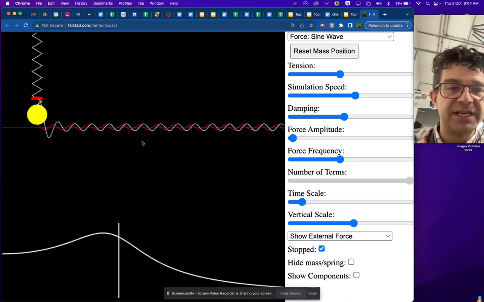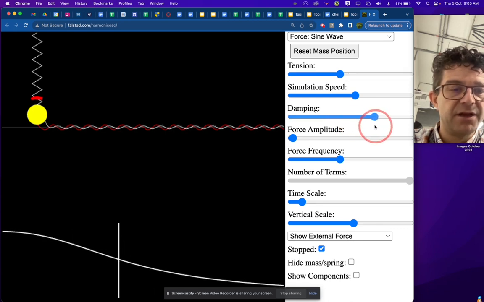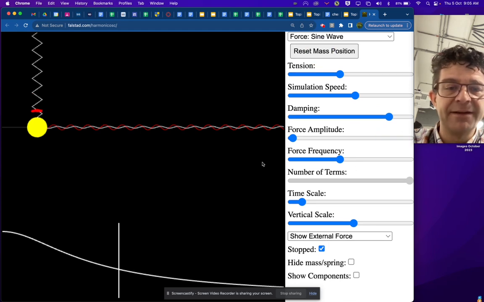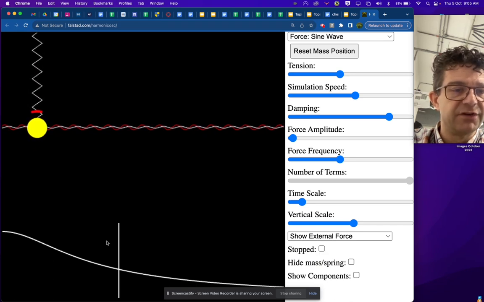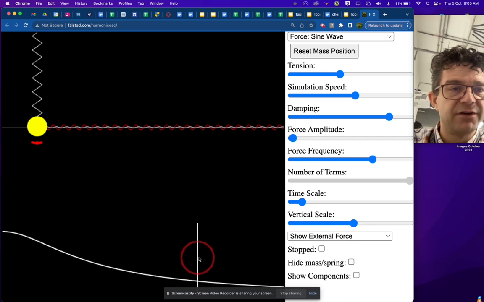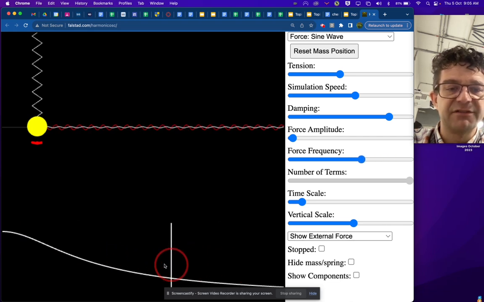The amplitude here becomes similar to the drive amplitude. And as you go to a maximum damping, you lose almost completely any evidence that there is a natural frequency to this system. And all it does is it sort of follows along with the drive, or is completely out of phase from the drive.